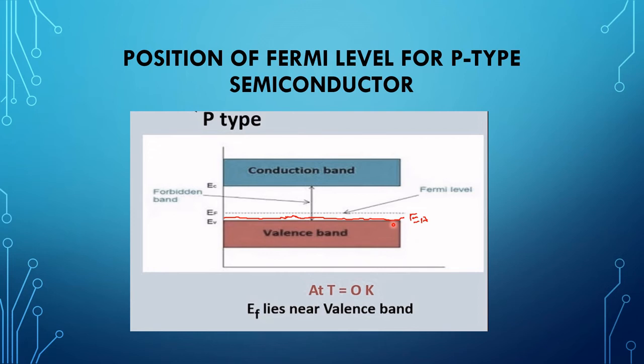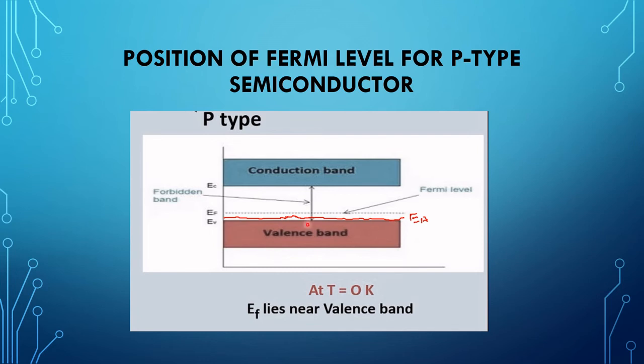If the doping is very high, the Fermi level moves toward the conduction band for n-type semiconductor, and for p-type material it is close to the valence band. And as the temperature of the p-type semiconductor increases, the Fermi level moves towards the center of the band gap.